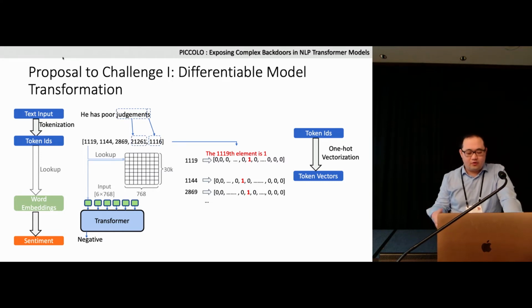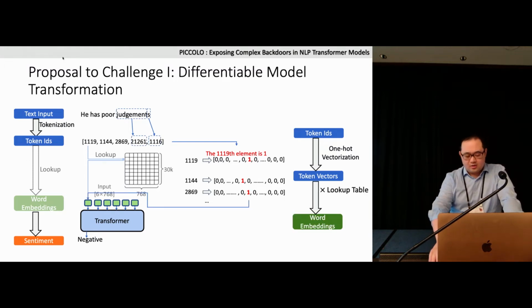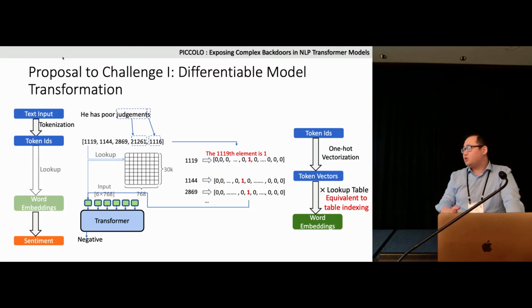For example, for the first token ID, 1119, the 1119th element is 1, and all other elements are 0. Then, instead of doing a table lookup, we can simply get the word embeddings by multiplying the one-hot token vectors with the lookup table. This is equivalent to the table indexing.